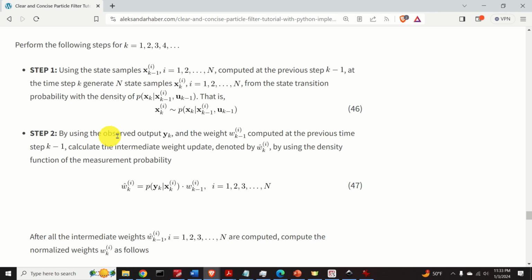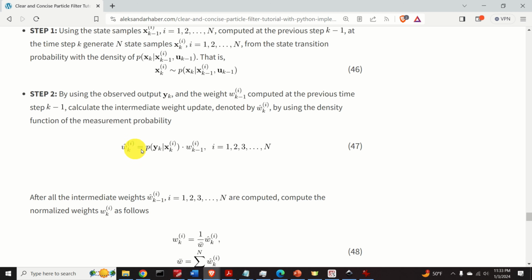By using the observed output at the time step k, that is yk, and the weight wk minus 1 with the index i computed at the previous time step k minus 1, calculate the intermediate weight update denoted by wk with the index i and with a hat by using the density function of the measurement probability, that is by using this equation.